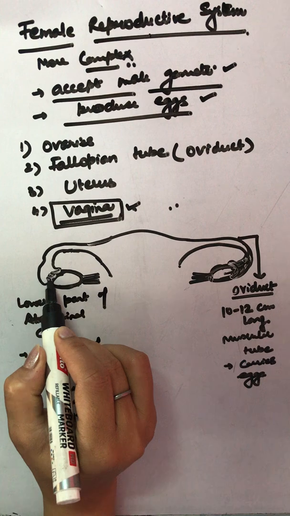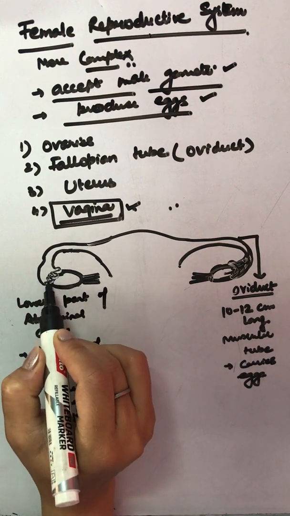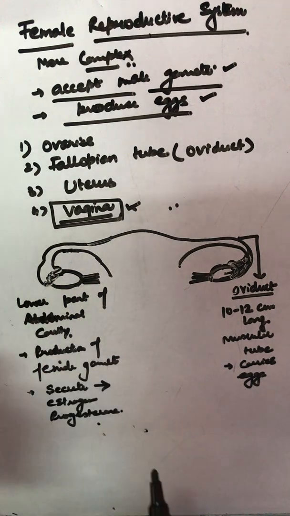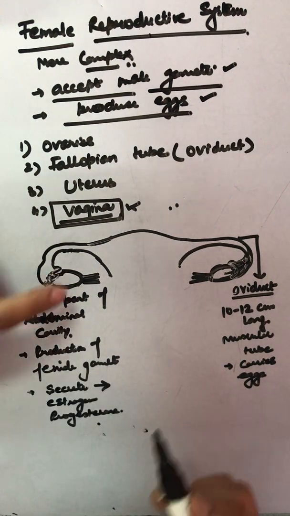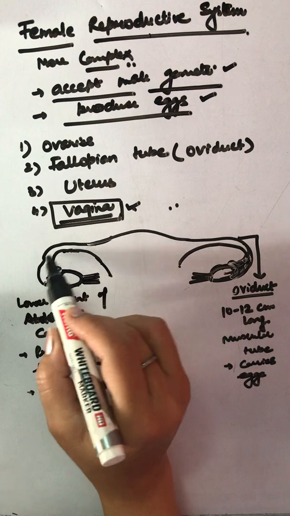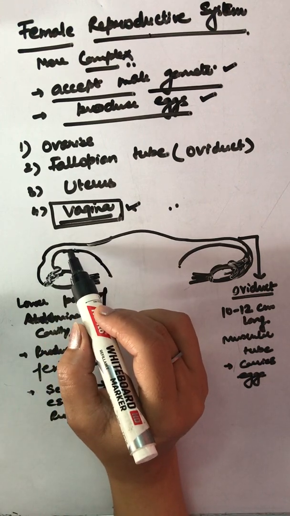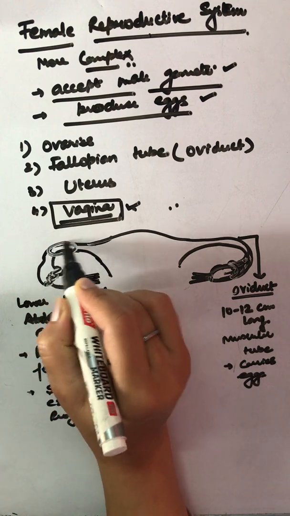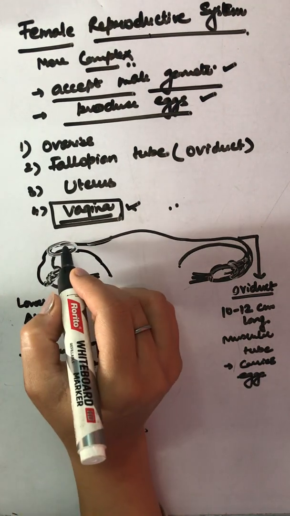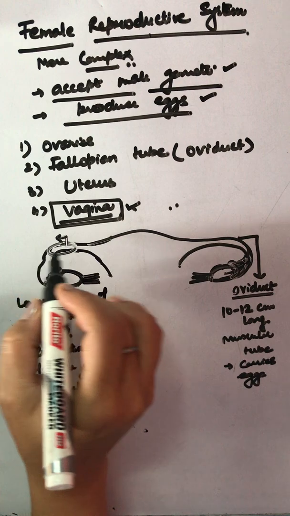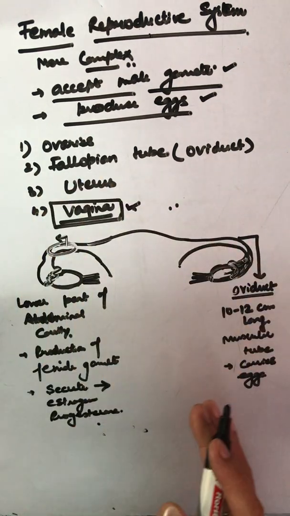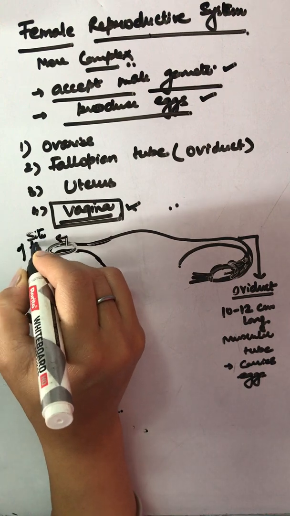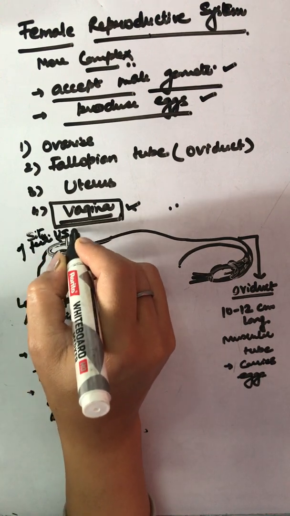This funnel shape has small finger-like projections which can hold the egg whenever the egg is released on maturity. And the other end is narrow. This is the site of fertilization, where fertilization takes place. So if a question comes, where is the site of fertilization in the female reproductive system? It is the oviduct.